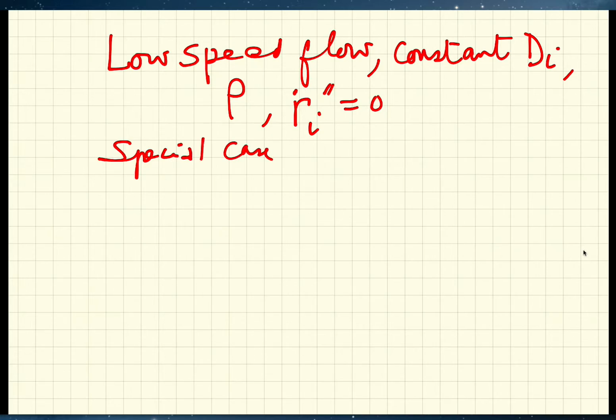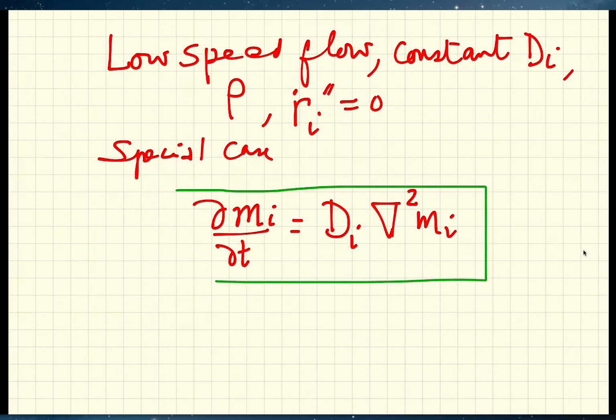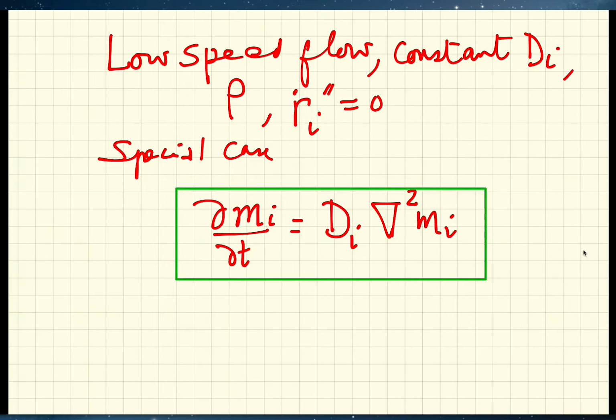The special case is partial m sub I with respect to t equal to a diffusion coefficient times the Laplacian of m sub I. Let me highlight this, this is our time-dependent diffusion equation.